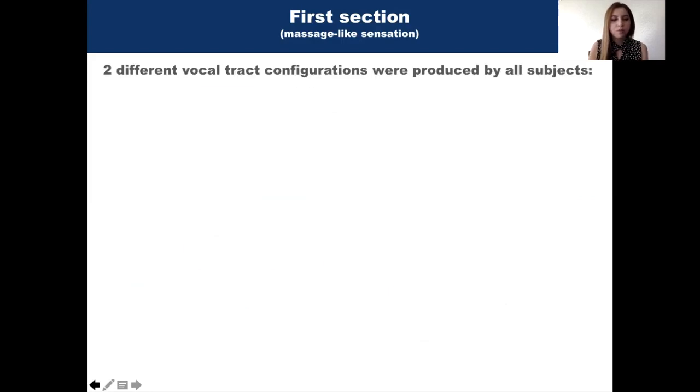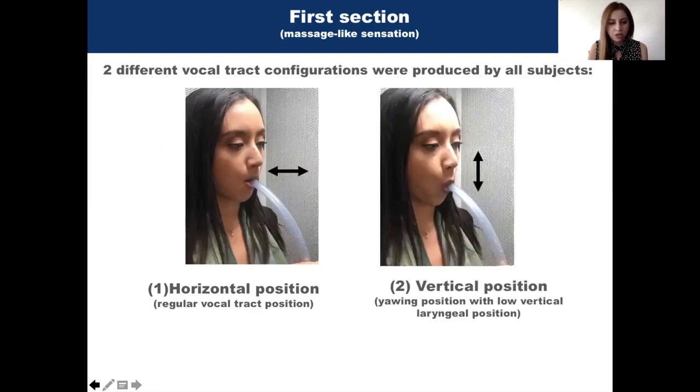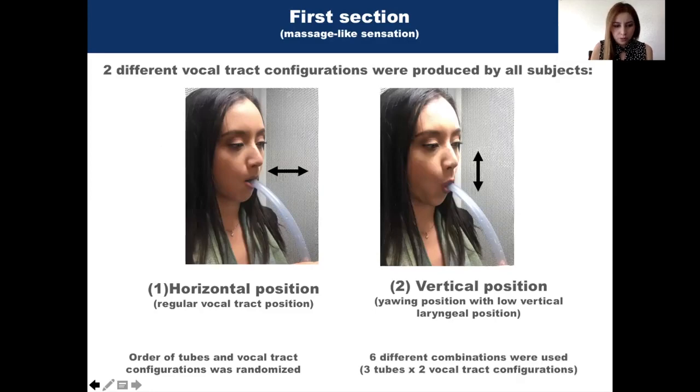Also, two different vocal tract configurations were produced by all subjects: horizontal position and vertical position. Based on previous data, it was assumed that the vertical vocal tract configuration causes an increased total vocal tract volume. Therefore, 6 different combinations were used: 3 tube diameters and 2 vocal tract configurations.